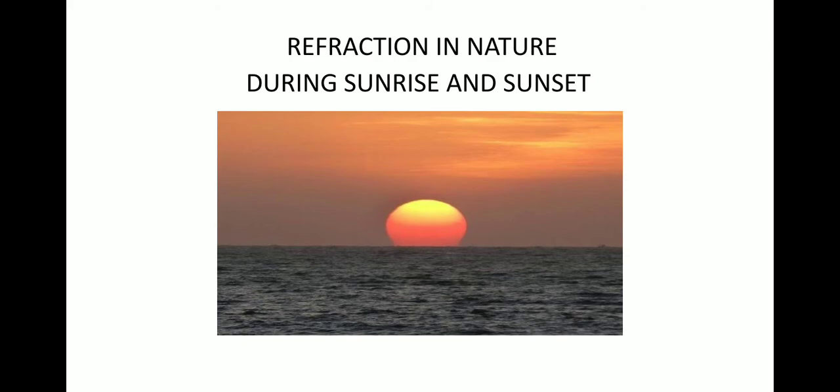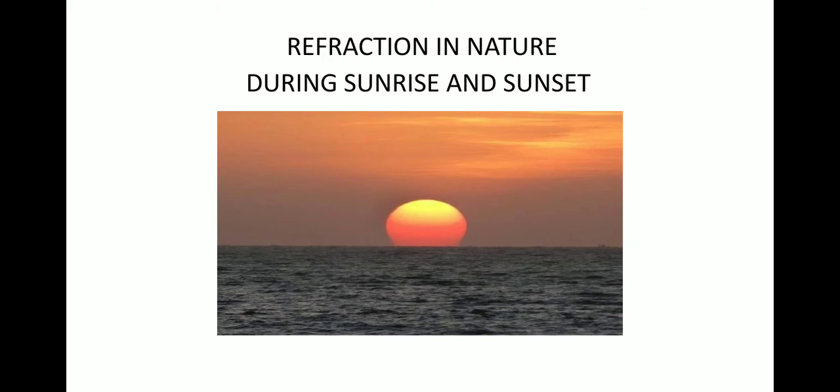This is simply because the rays of the sun enter the atmosphere from space and they bend towards the normal. The rays from the sun, which is just below the horizon, bend as they travel through the atmosphere. When these rays enter our eyes, it appears to us that the sun is above the horizon.